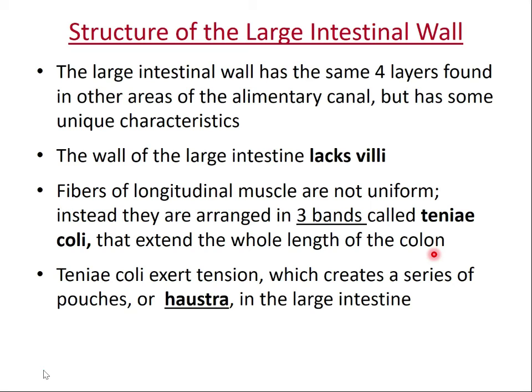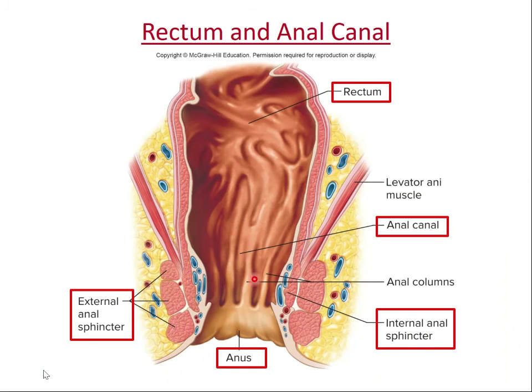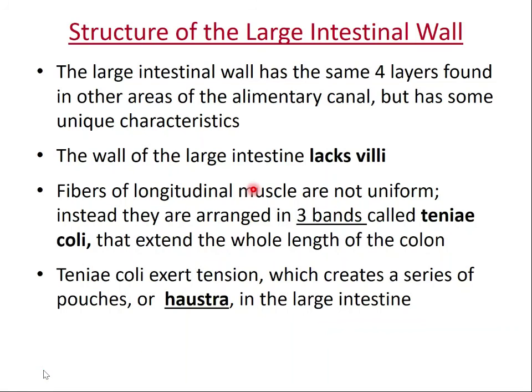These longitudinal bands also help with maintaining the structure of the large intestine, and these taeniae coli exert tension that creates a series of pouches called the haustra. And those are the ones that we saw right here. These pouch-like structures, the haustra, are present in the large intestine.